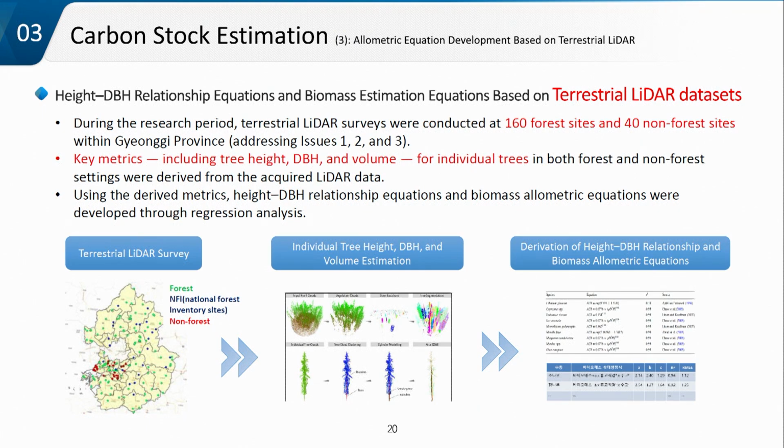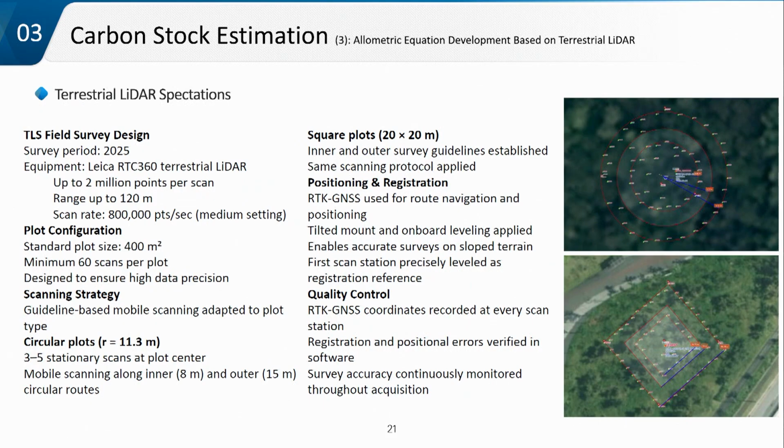So we took the terrestrial LiDAR data set from about 200 sample sites, and we made our own ground truth of key metrics for 3 attributes and got the relationship with airborne LiDAR. This is how we got the TLS data sets.